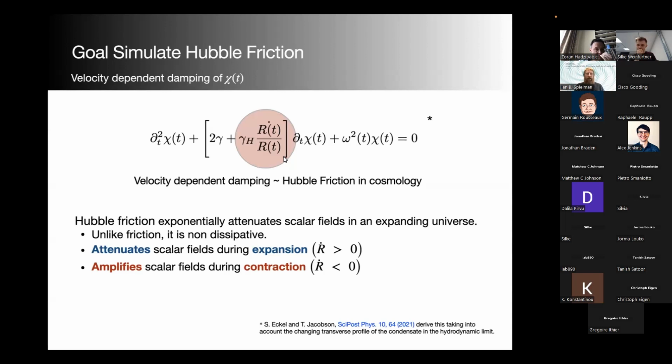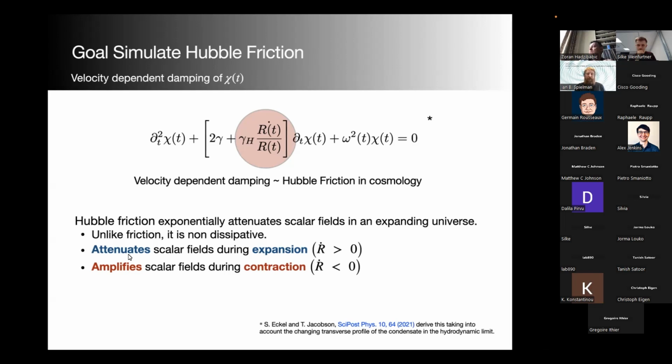All right, so now switching over to the new project, the goal is to simulate Hubble friction. And we're going to do everything we can to bring out this term in our data analysis and our selection of data acquisition. The very first difference between this project and the previous project is that we include both expansion and contraction of our rings.